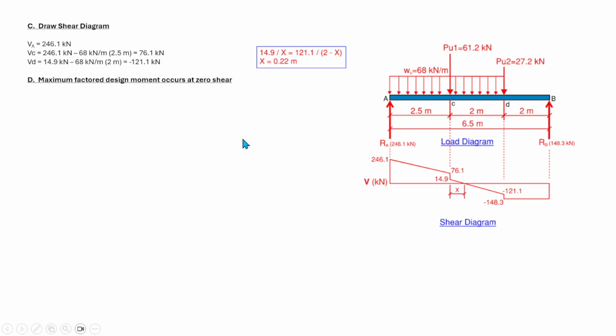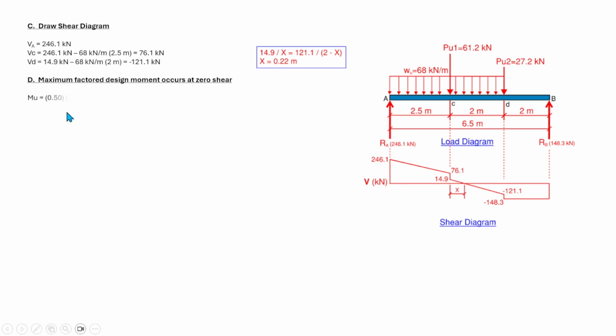So now the maximum moment is equal to the area under the shear diagram. This area consists of the trapezoidal area plus the triangular area, which is a small triangle here.